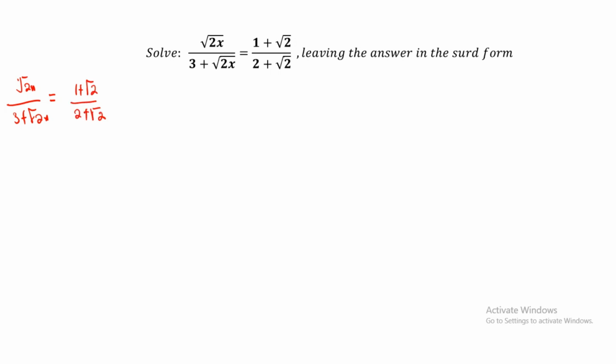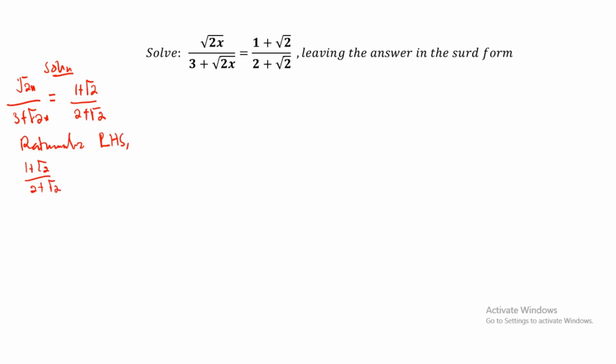So with this, the first thing I'll probably do is tackle this part first. I'll rationalize this part. So rationalizing the left hand side, 1 plus square root of 2 all over 2 plus square root of 2.